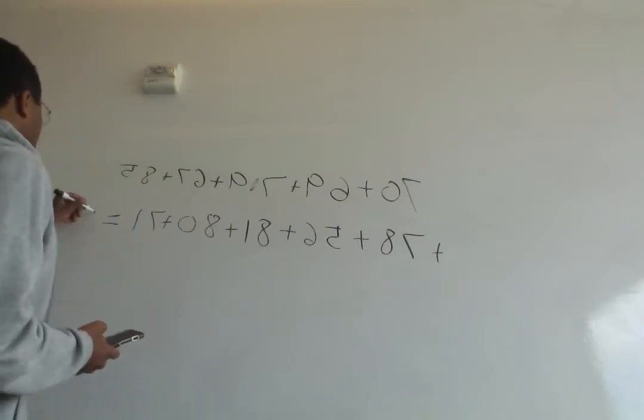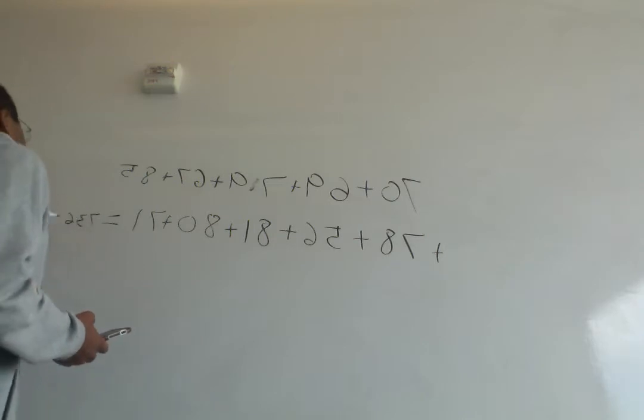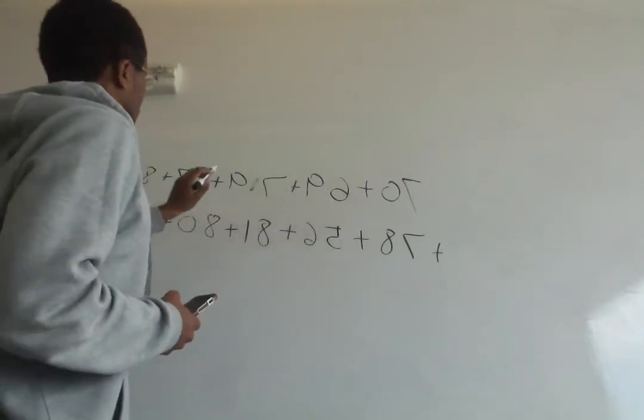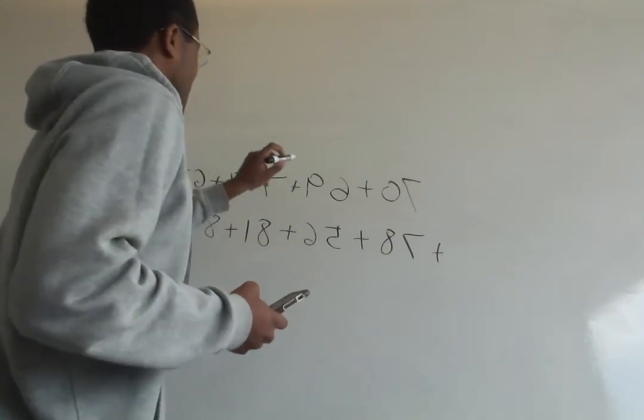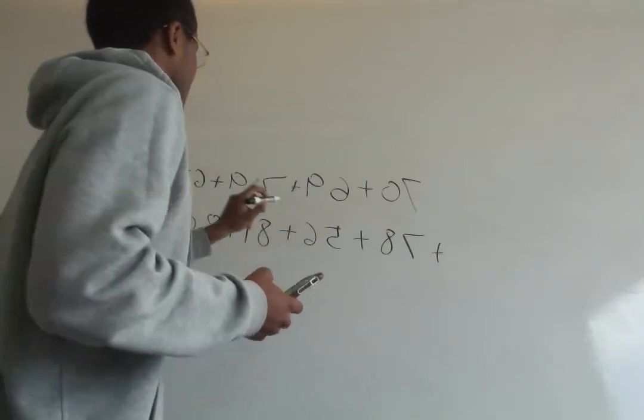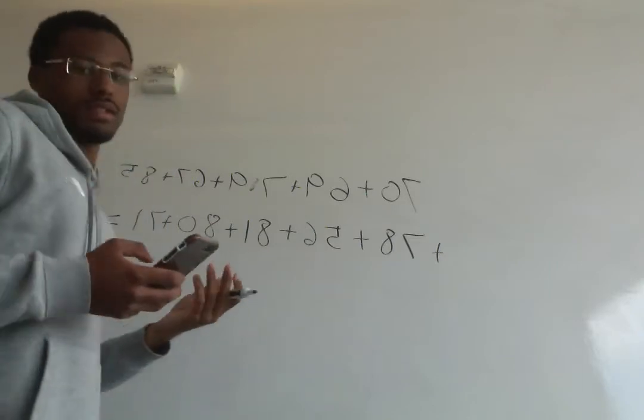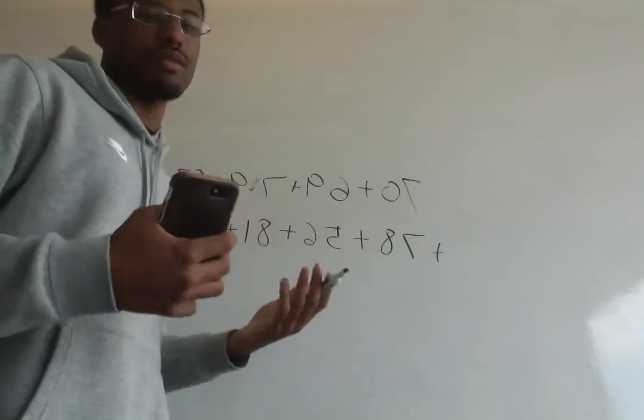So that would be equal to 736. And there are 1, 2, 3, 4, 5, 6, 7, 8, 9, 10. 10 scores in total.